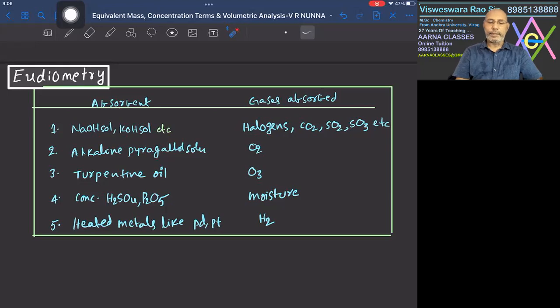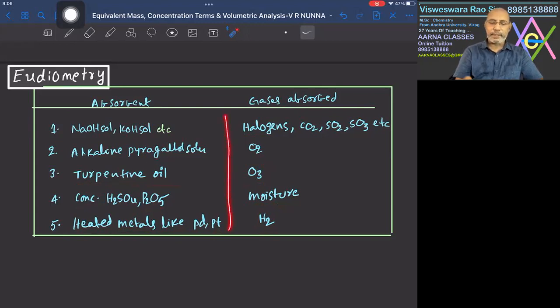It absorbs oxygen gas. Turpentine oil absorbs ozone gas, and concentrated H2SO4 and P2O5 are used to absorb moisture. Moisture means water vapor. And heated metals like palladium and platinum absorb hydrogen gas. That means hydrogen gas enters into the interior of the heated palladium and platinum metals.